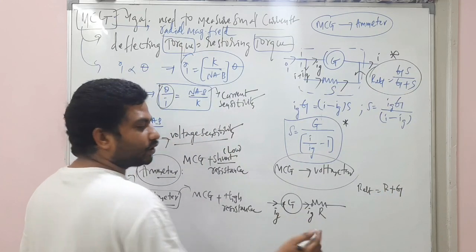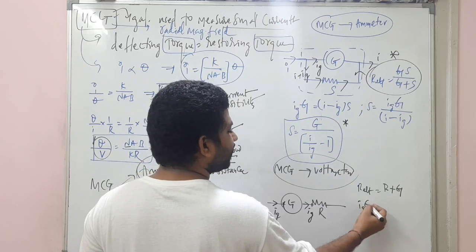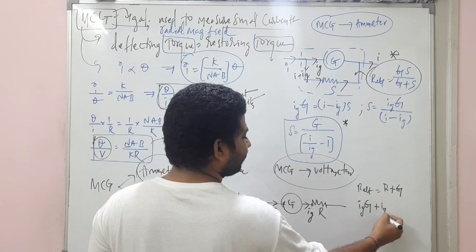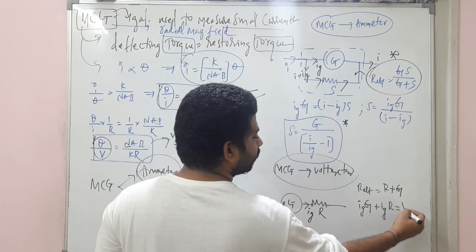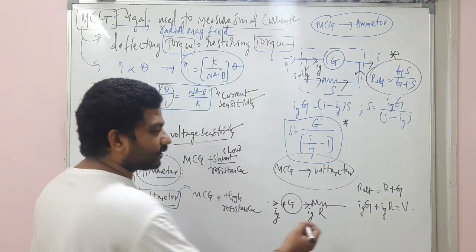In this case, potential difference: I suffix G into capital G plus I suffix G into capital R is equal to V. So what can I write here?